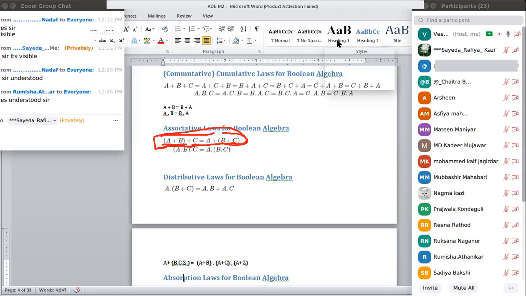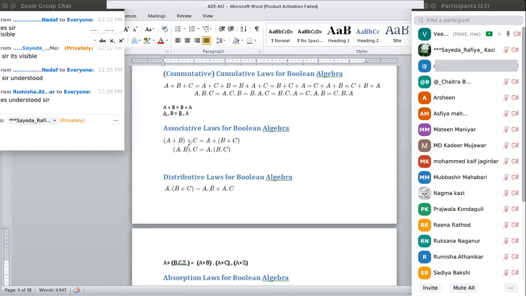The value associated with this group along with this variable is the same as with the different variable and the different group, when it comes to OR operation or AND operation.